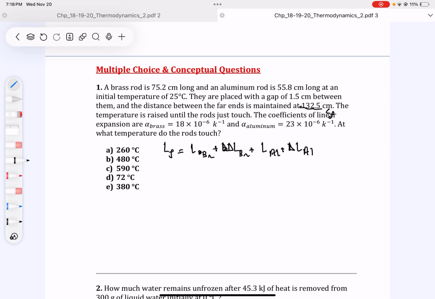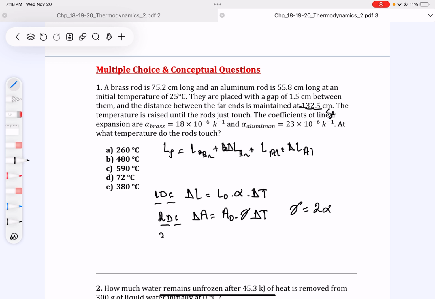Let's just remember together what delta L is. For 1D, the linear expansion, delta L, is equal to L0 of the material times alpha of the material times delta T. And alpha is given here. For 2D, delta A is equal to A0 times gamma times delta T, where gamma is 2 alpha.